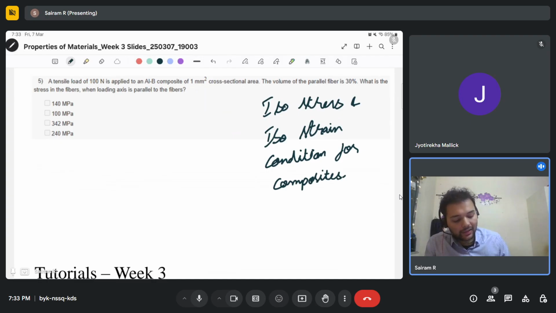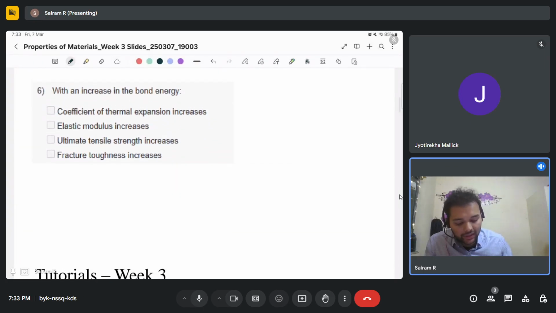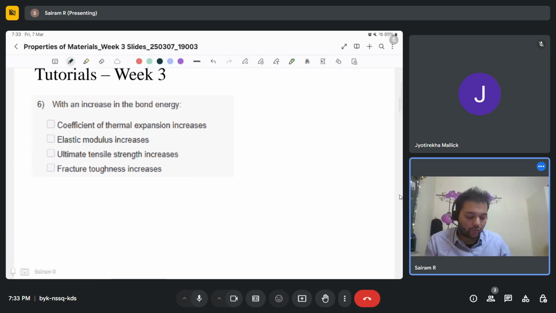I have planned to derive the formulae for this during our revision. We'll derive these two formulas and then we'll take up this example while we are doing the problem. Okay.